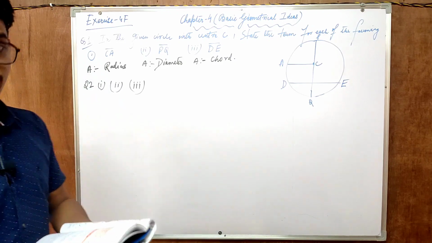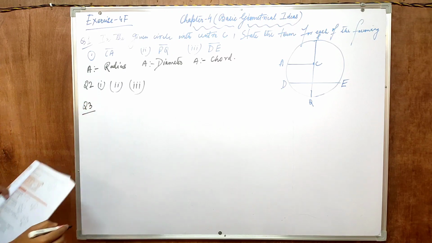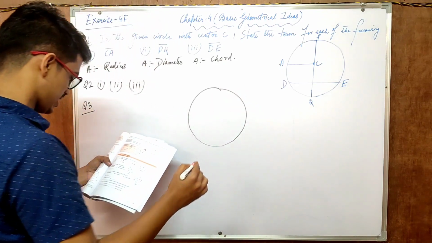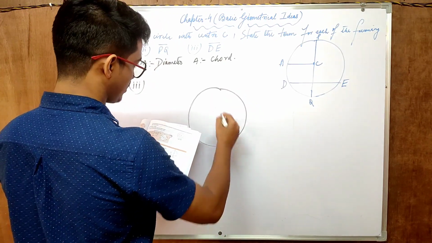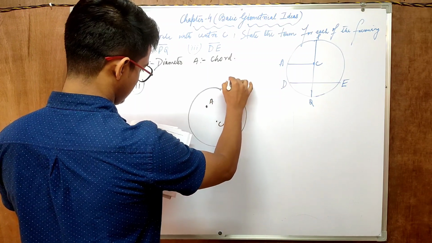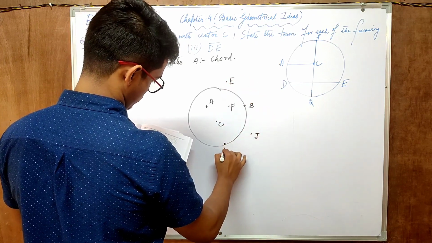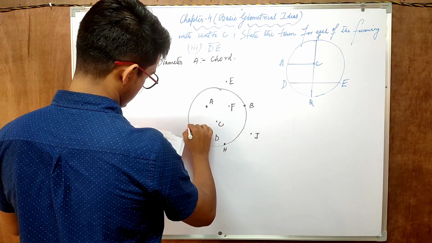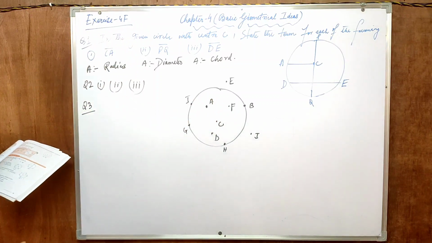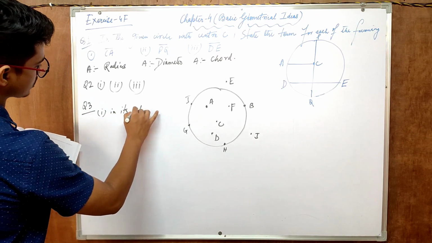Okay, after that, let's understand what exactly question number 3 is. If I make this circle with some given points: A, C, F, E, B, J, H, D, G and I. The first question is about points in its interior.